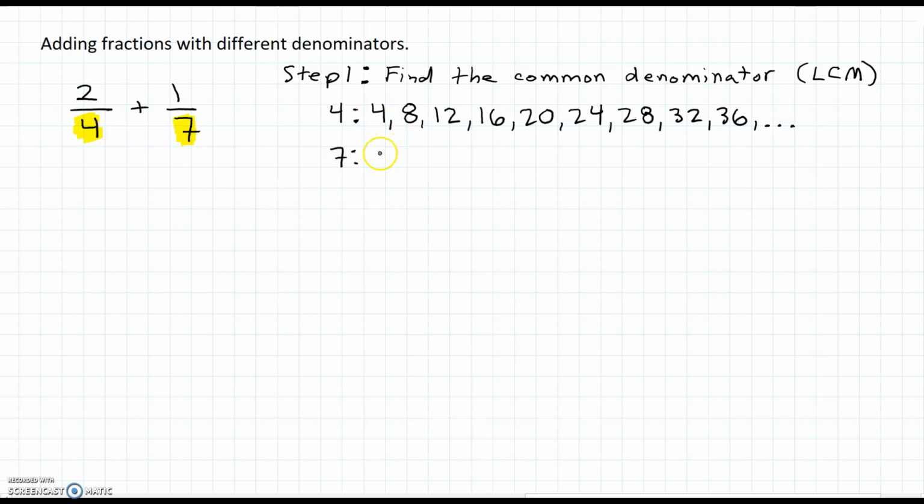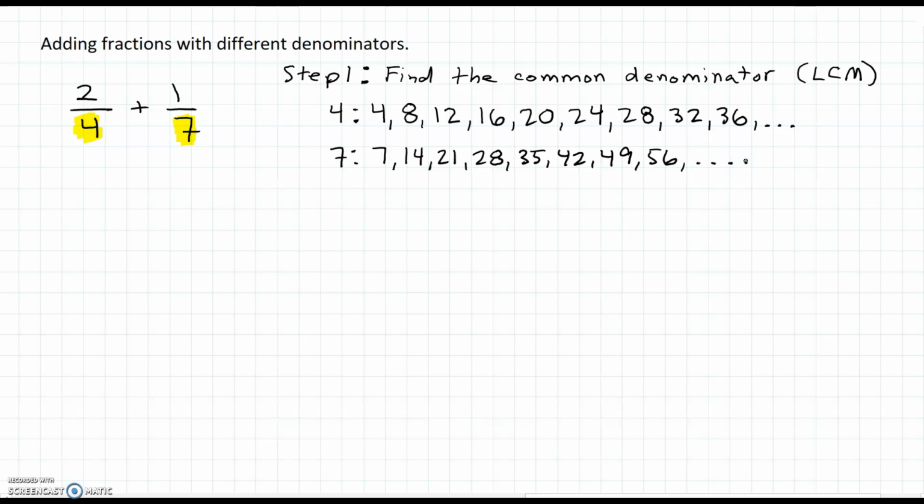So same idea here. 7 times 1 is 7. Another way to think of this is just counting by sevens. So 14, 21, 28, 35, 42, 49, 56, and so on and so on.